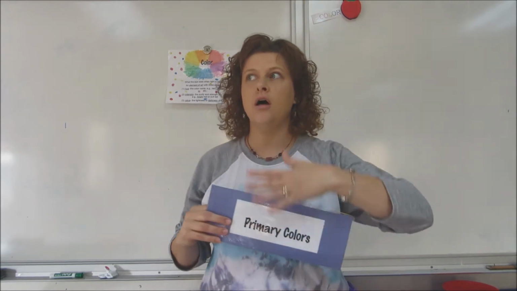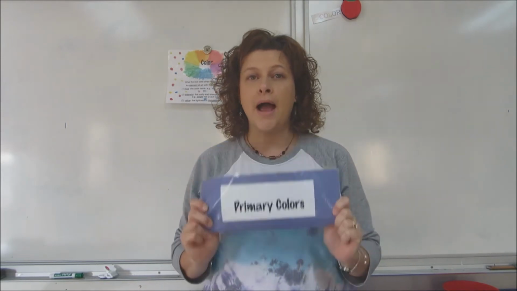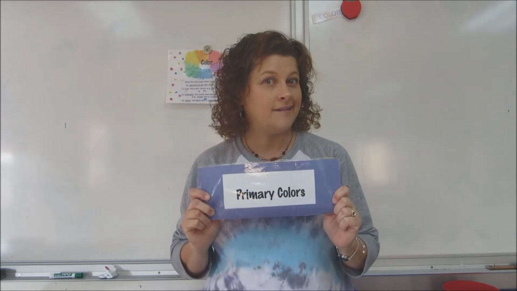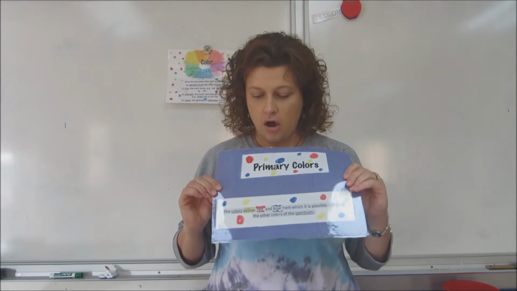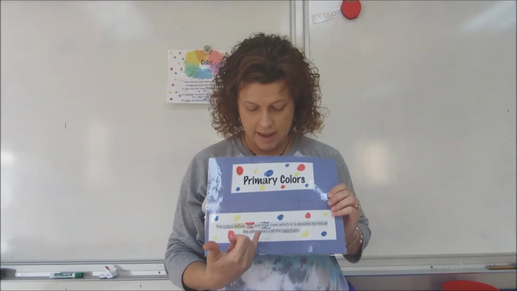We're going to learn the basic three colors, the main three colors that you need to mix all the other colors in the rainbow. Those are called primary colors. See if you can say that. Yep, primary colors. They are yellow, red, and blue.